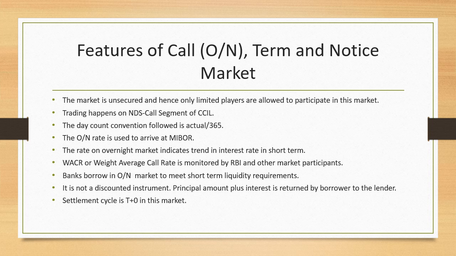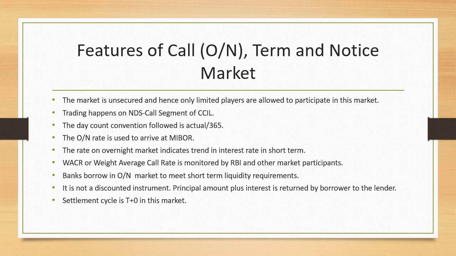In my subsequent slides, I will show you who are the players allowed to participate here. Trading happens on the NDS call segment of CCIL. There is a specific segment called NDS call on which this trading happens. The trading may also happen outside the platform, but it has to be reported. That is something we'll touch upon going forward.